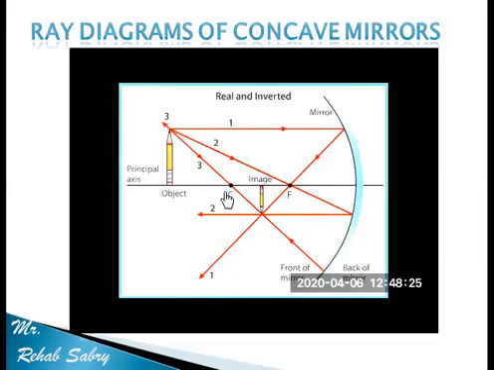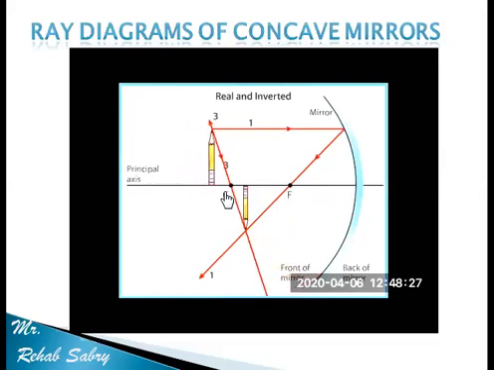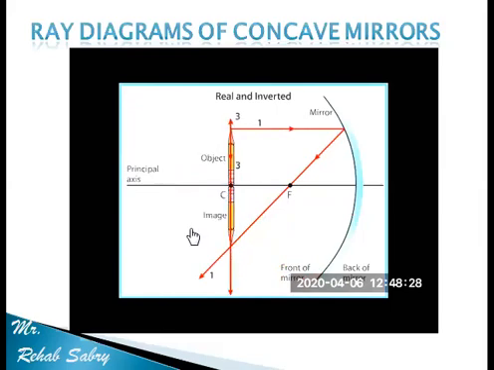As the object moves towards the center of curvature, what happens? The image increases in size till the point where the object reaches the center of curvature. The image will meet the object at the center of curvature, and their heights will be equal.